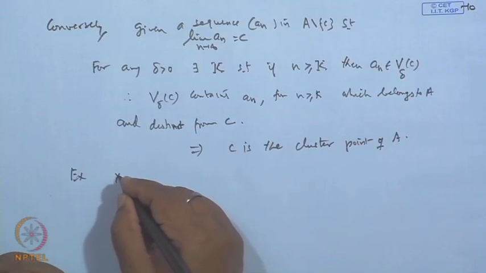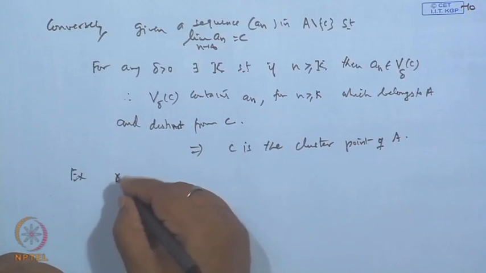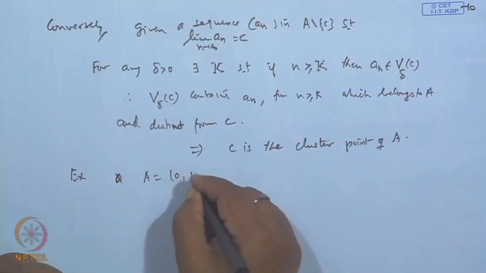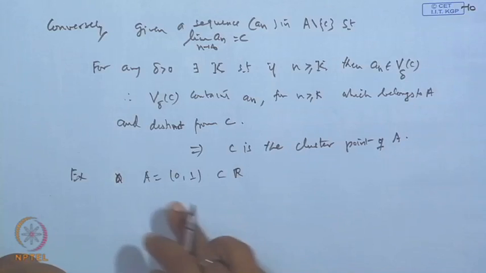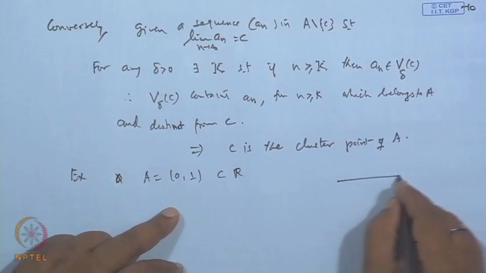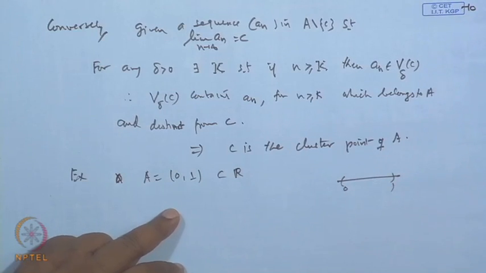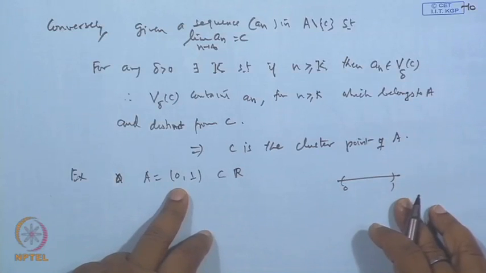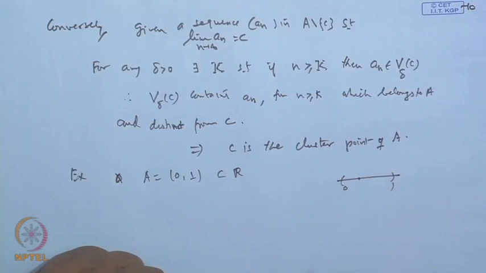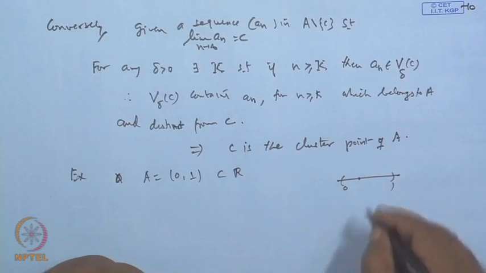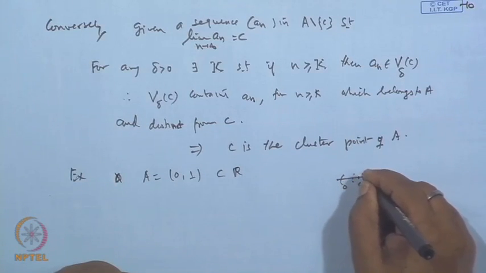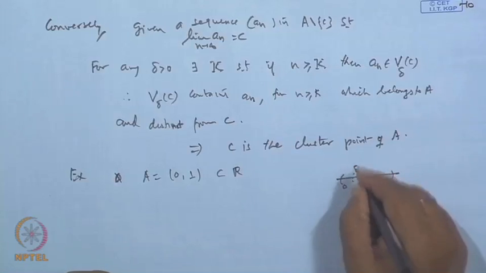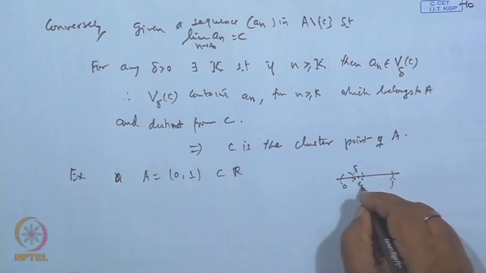Suppose I take A as the open interval (0,1), which is a subset of R. Every point of this interval will be a cluster point. Why? Because when you take any point c here, one can identify any delta neighborhood around the point, and then one can identify points of the set which are distinct from c.